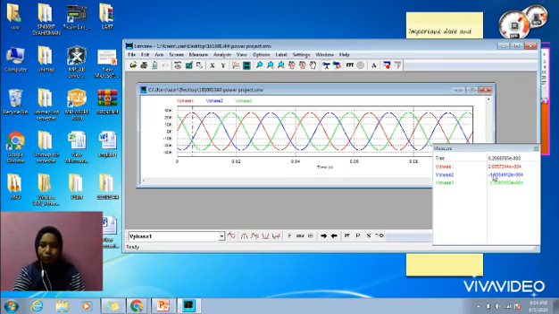First V phase 1 is 2.68 exponent 4, V phase 2 also 2.68 exponent 4, and also the same for V phase 3, 2.69. In average, all of the V phase equals 2.69 exponent 4 volts. Okay, that's for the simulation.